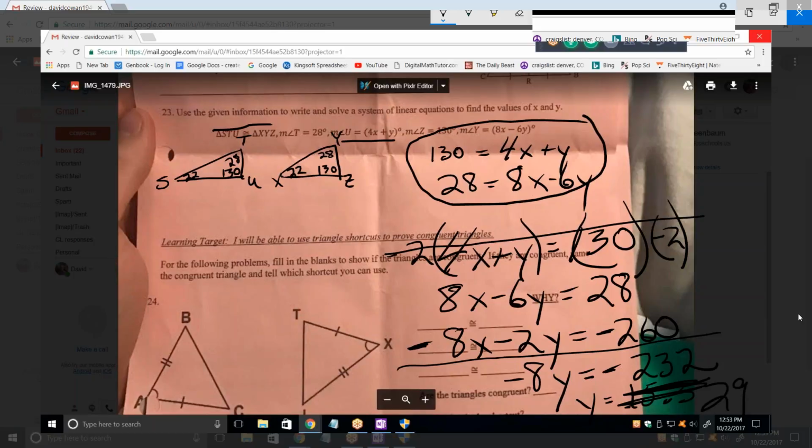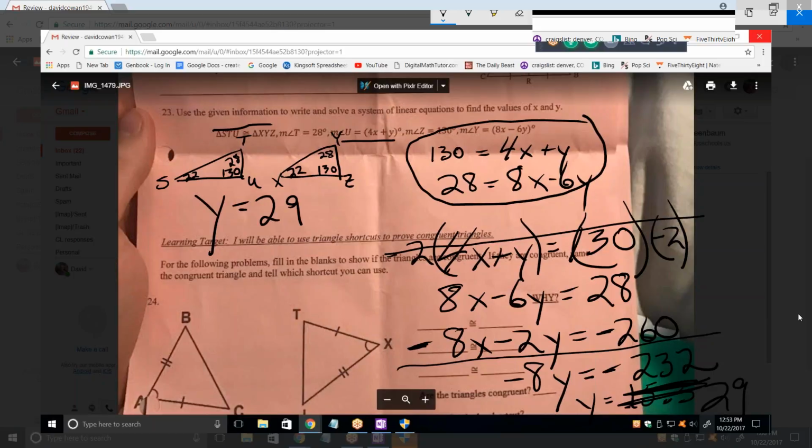Okay, so we still haven't totally solved it. We only have 1 minute to go, so I'll make this quick. We solved for y. Y is 29. Do we have to go through all that work again? No. All we've got to do is go back, pick one of these original equations, and substitute y.